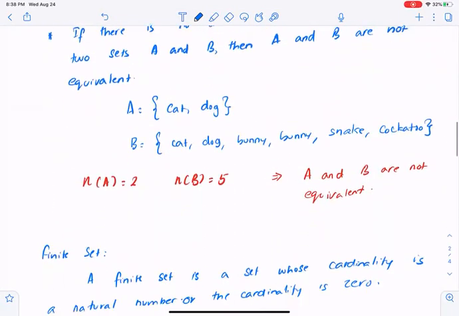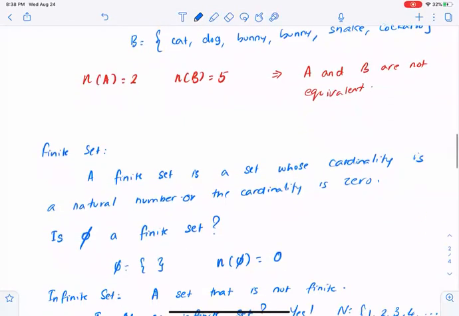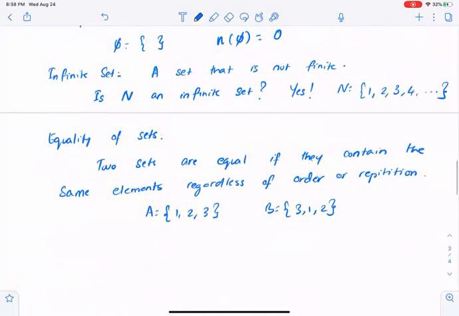Equal sets have the same elements, regardless of repetition or the order in which you write them. Set A 1, 2, 3, set B 3, 1, 2, set C 1, 1, 2, 2, 3, 3, 5.